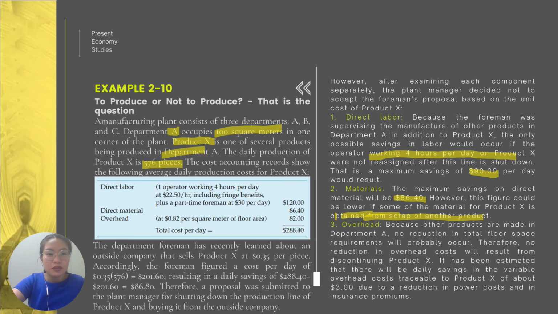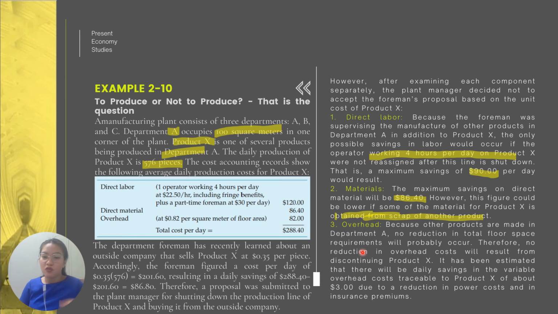Okay? So, again, based sa atong table, 86.4, pero mas mugamay pa ni siya if gamiton nila nga material kay scrap of another product.